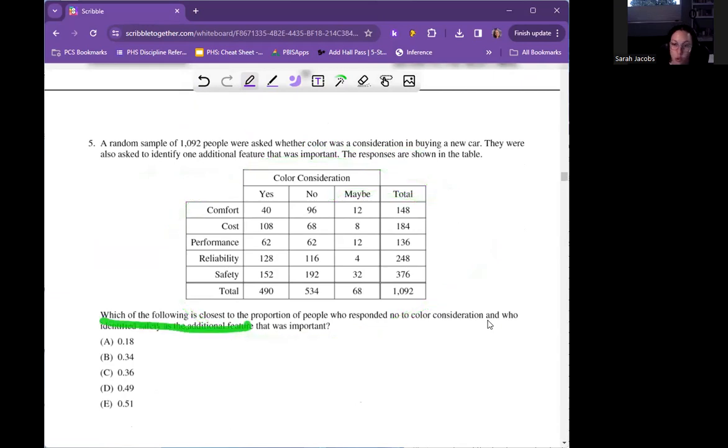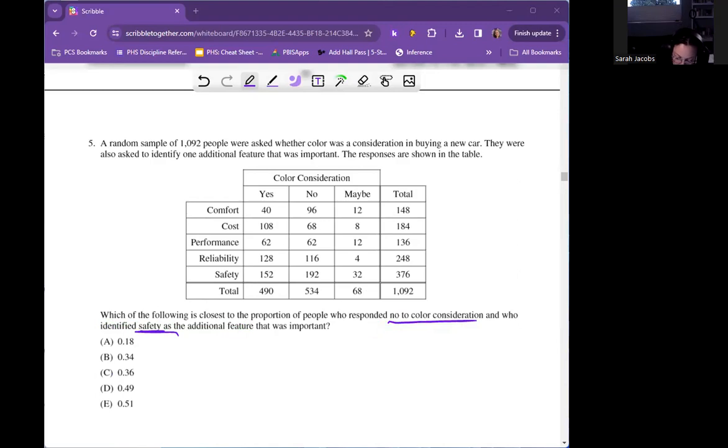Which of the following is closest to the proportion of people who responded no to color consideration and who identified safety as the additional feature that was important?